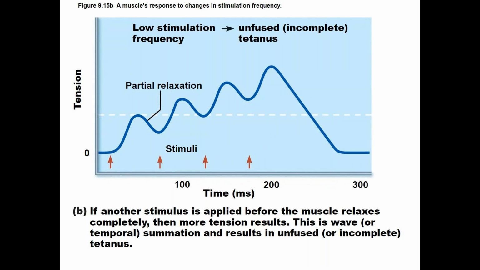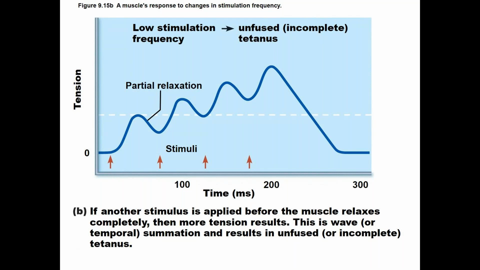We start at 0, we have our half a Newton. But we're slowly relaxing, we're still generating force. And now we have another action potential. We don't start at 0, we start up here. And we add that half a Newton. Then we relax a little bit more, and we add another half a Newton.